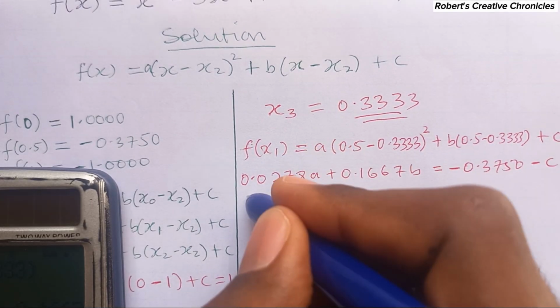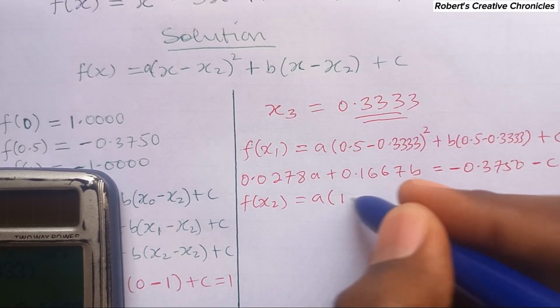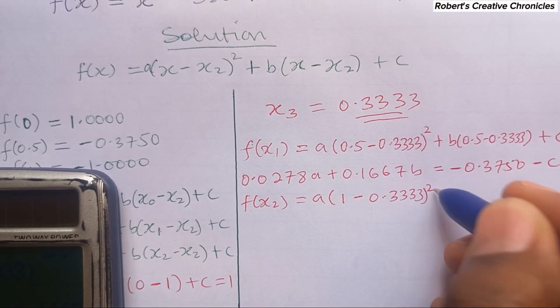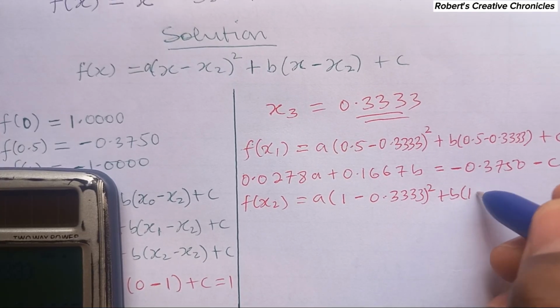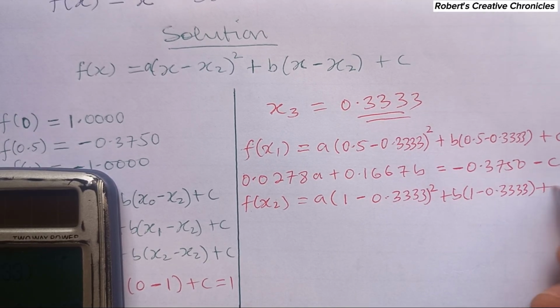Now the second one, fx2 is equal to a, x2 is 1 minus x3 is 0.3333 squared plus b, 1 minus 0.3333 plus c.